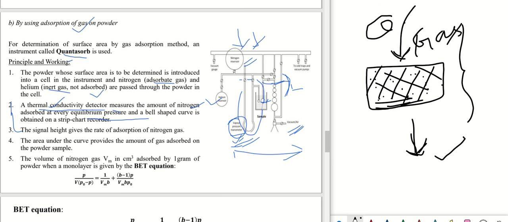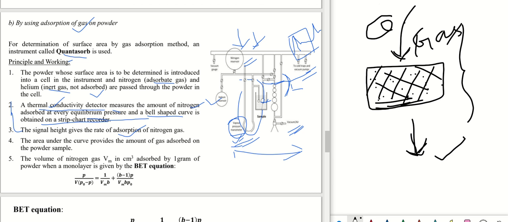And simultaneously, if there is a change in this conductivity or pressures, now this is actually connected to a monitor where we can get the results directly. We will be getting some signals in the monitor which is connected to this instrument. Now this signal height actually plays a major role. See, the signal height gives the rate of absorption of the nitrogen gas.